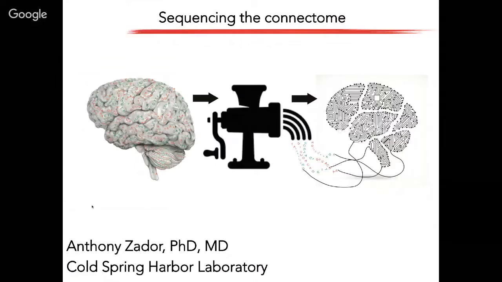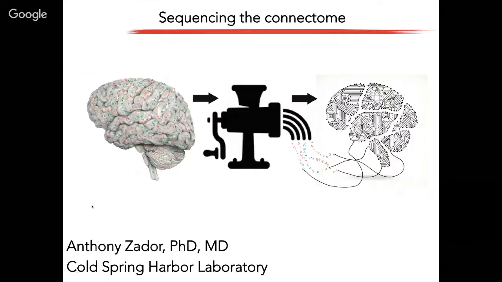So I'm going to be talking indeed about a different approach to uploading the mind eventually to connectomics based on molecular approaches, and it's summarized here in the first slide.